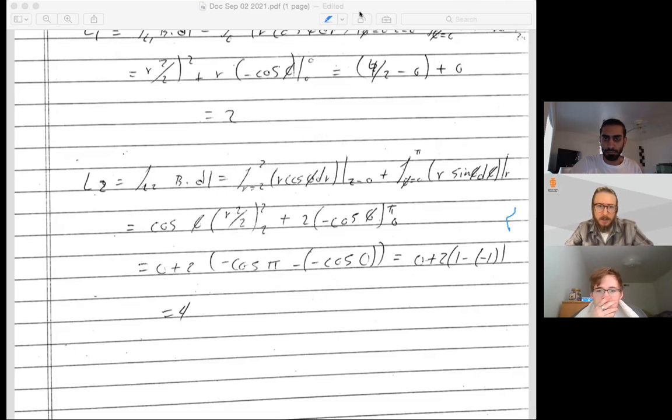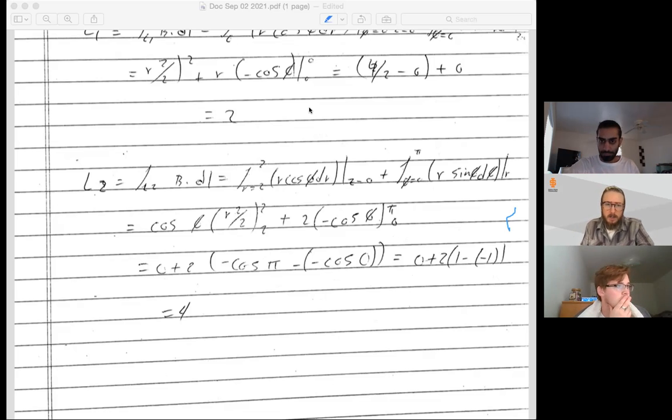Part of the confusion is that you have this L2 and you have B dot DL, but you have no indication that those are vectors. Without it being marked as vectors, it could be read as scalar, which could be adding to the confusion. On a quiz or an exam, you would definitely need to mark that these are in fact vectors.